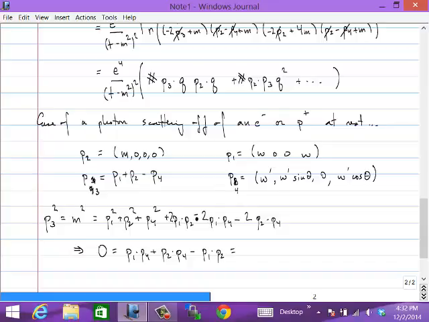So you can then just go ahead and write those out in the rest frame. What do they look like? Well, the first term is omega omega prime times 1 minus cosine theta. The second term, P2 dot P4, is m omega prime.